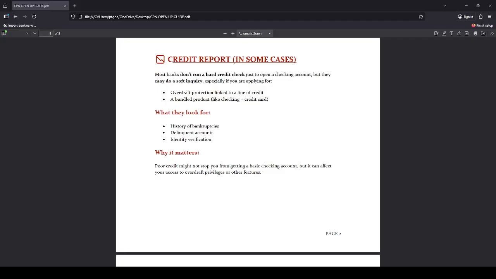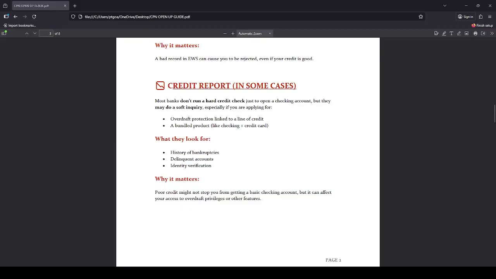I don't know if y'all noticed, but the bigger banks like Chase and Bank of America, right before you submit the application, they're basically telling you that they're going to do a soft inquiry on your credit profile, which is a great thing if you got a CPN because that's something that you can do. So make sure that you have a credit report. This is very, very important. And having a credit score, like I said, helps your case.